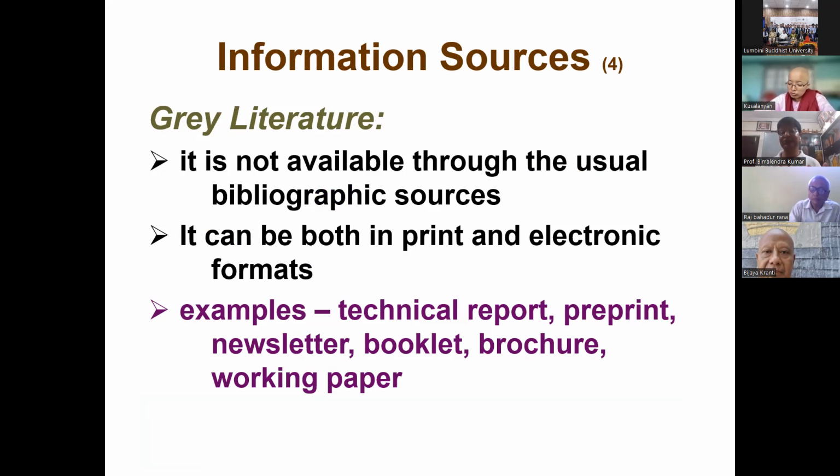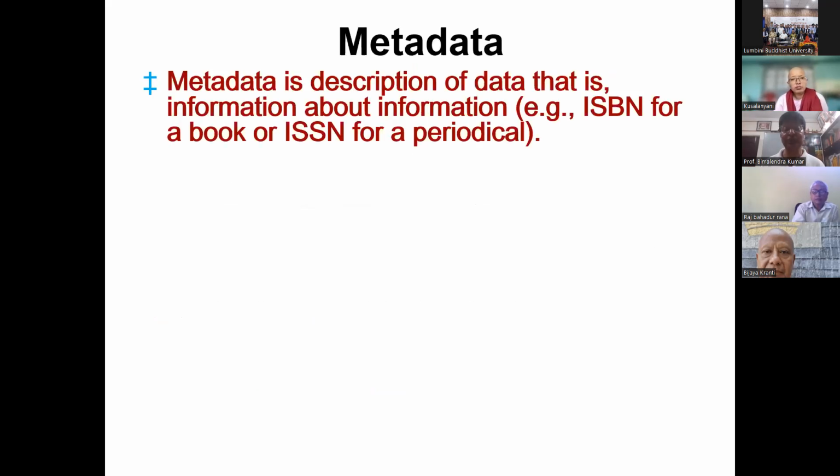We can put them in tertiary information, and they are not available through the usual bibliography sources, so we have to list them separately. They can be in both print and electronic formats. Examples are technical reports, preprints, newsletters, booklets, brochures, and working papers.